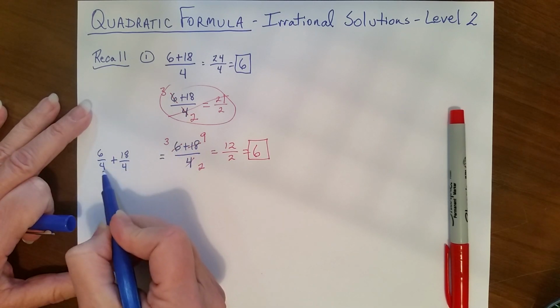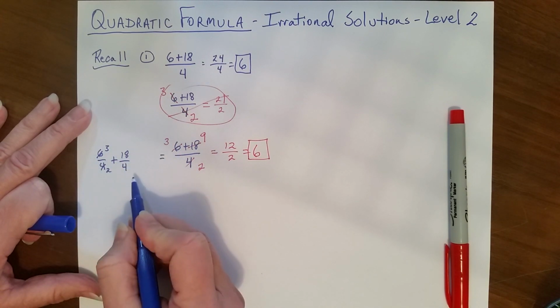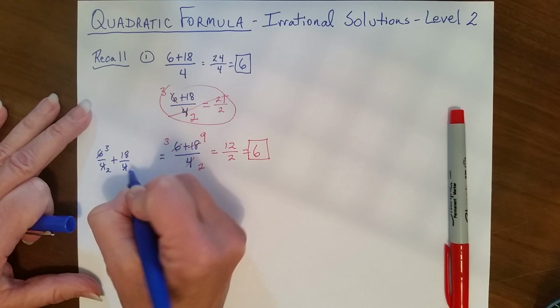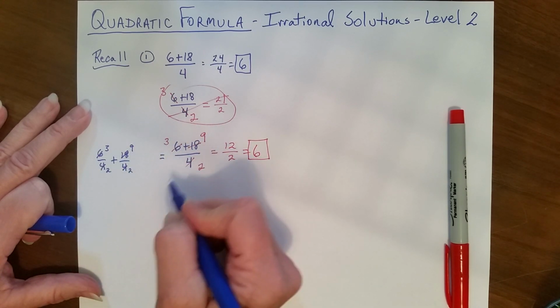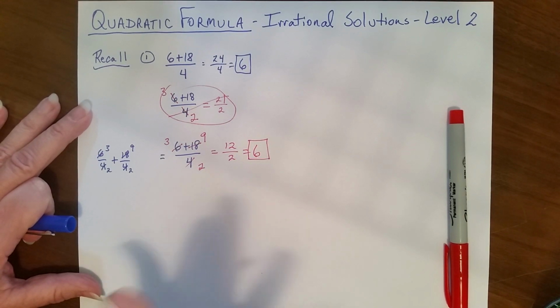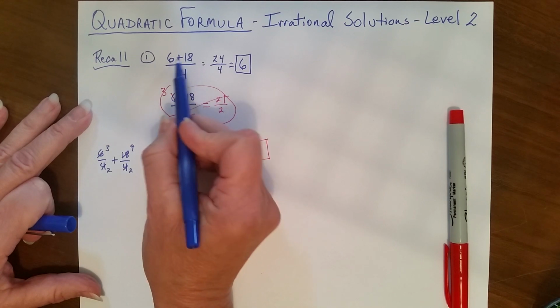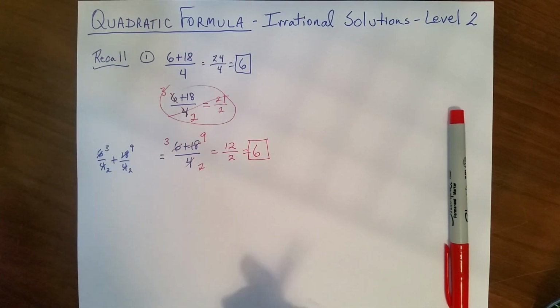So here, if I were to reduce, that would be a 2 and that would be a 3. So 3 halves plus, that would be a 2 and that would be a 9. So I would get 3 plus 9 divided by 2, or 12 divided by 2, which is 6. Okay? I just want you to keep that in mind. When you have 3 terms, you have to cancel between all 3 of them. Okay, I think I've spent enough time on that. I tried to really make that point.